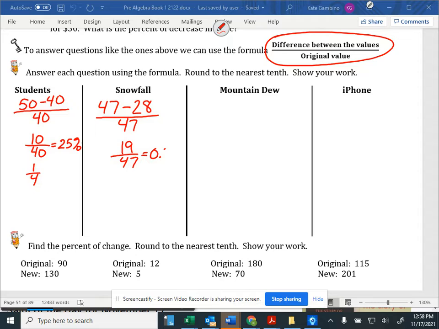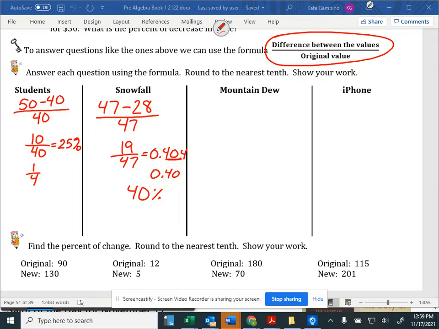It's 0.404, but it's a percentage. So we're going to stop at the 100th. That 4 means we're not going to round it up. We're going to stay at 0.40. Oh, yeah, it does say round to the nearest 10th. Either way, it would still be 0.4.